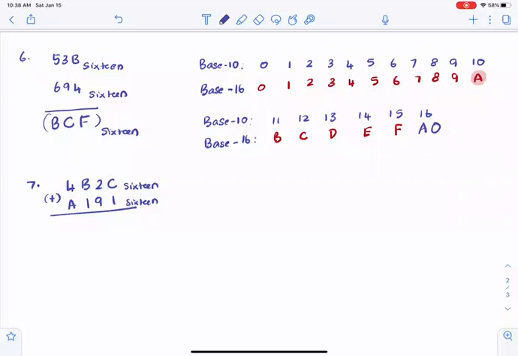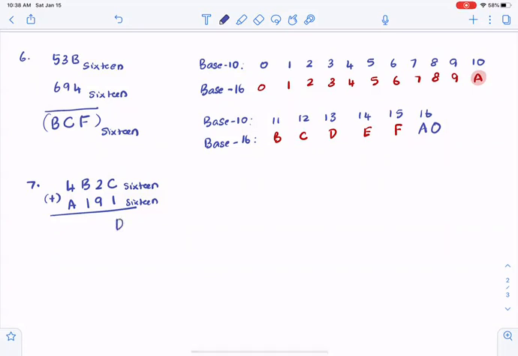So I mention base 16 is easy to manipulate, just like base 2, which is why we use that in computer systems a lot. So C plus 1, C we know is 12. 12 plus 1 is 13. But 13 is simply D in hexadecimal.